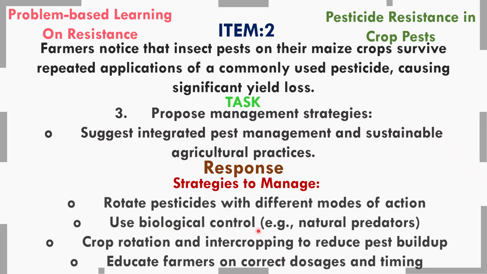Use biological control, for example, natural predators. Carry out crop rotation and intercropping to reduce pest build-up. Educate farmers on correct dosage and timing.